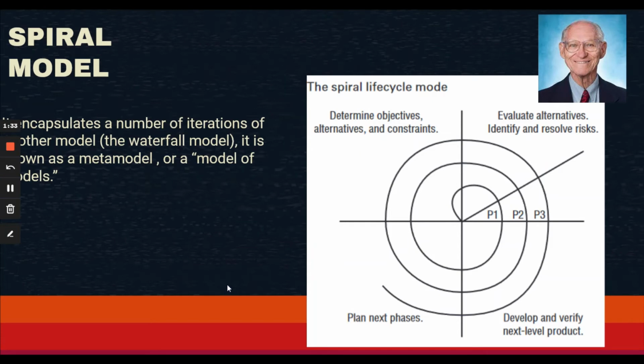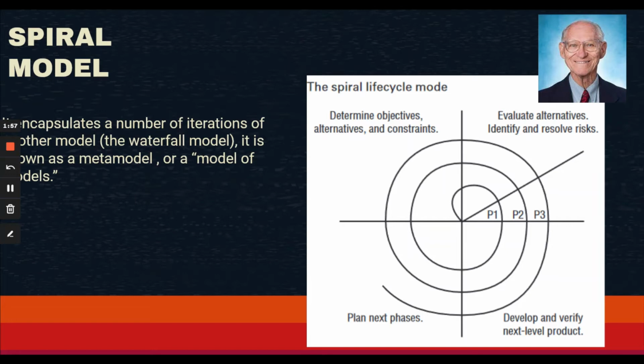The spiral model. Barry Boehm proposed an alternative lifecycle model that allows for multiple iterations of a waterfall-style process. Each loop of the spiral results in the development of a new system prototype.